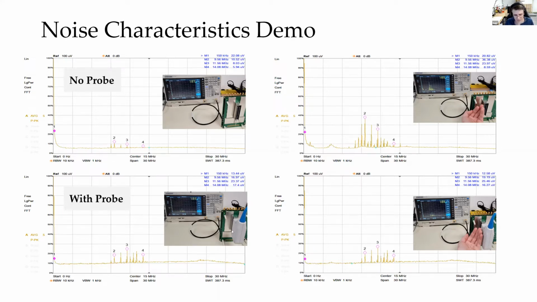Whenever this probe is connected, it has a certain cable length, and that's essentially acting as an antenna, and you're picking up noise due to that. The length of that cable is very important as well, because that will adjust what frequency ranges of the EMI pickup you'll be able to receive.